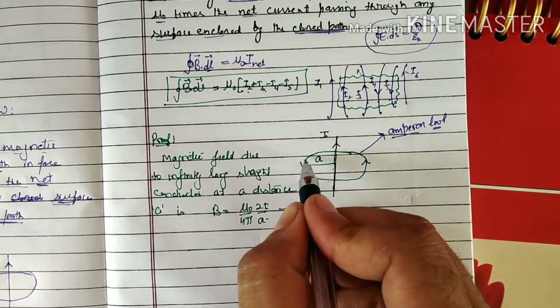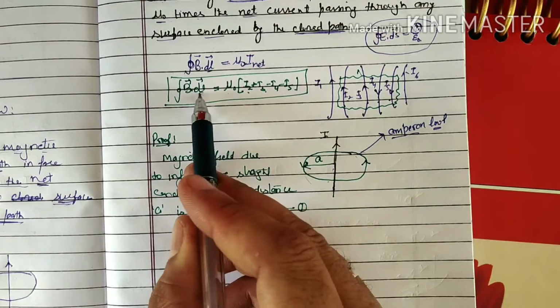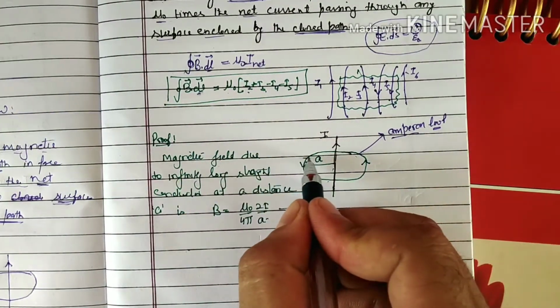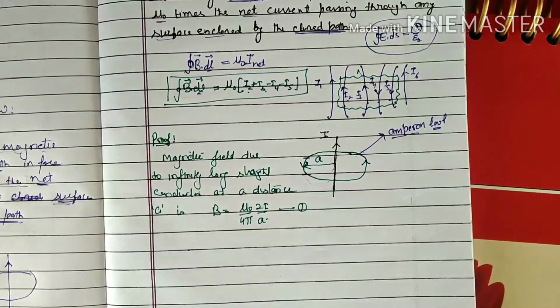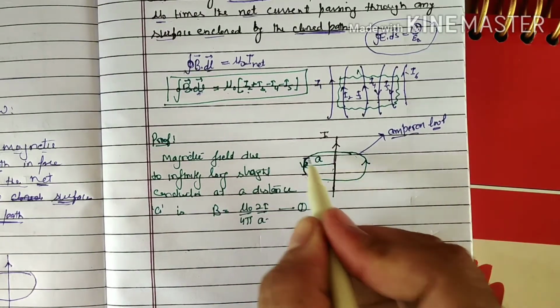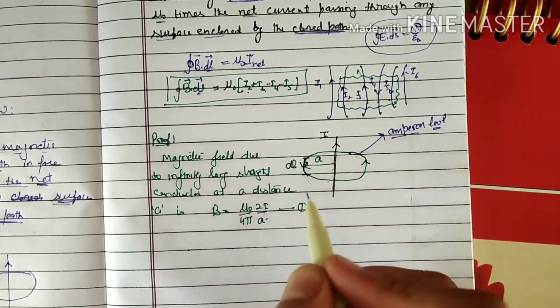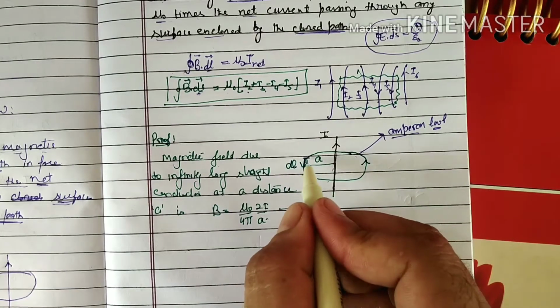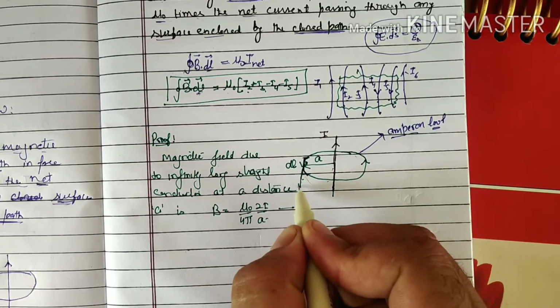Now here we have to consider a small element dl. So we will take an element dl over this loop, and the direction of the magnetic field at this element is toward this side.